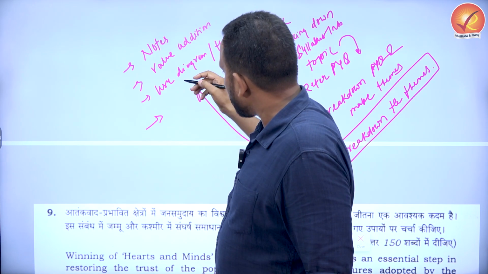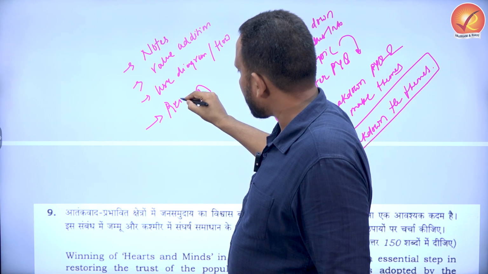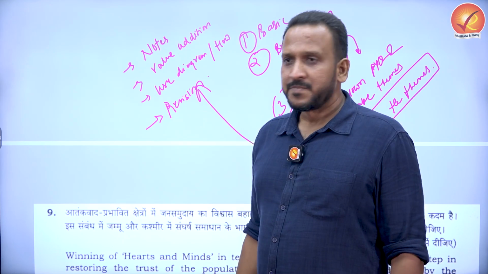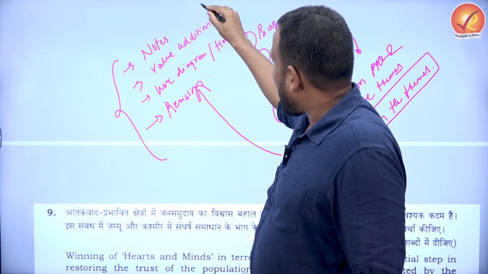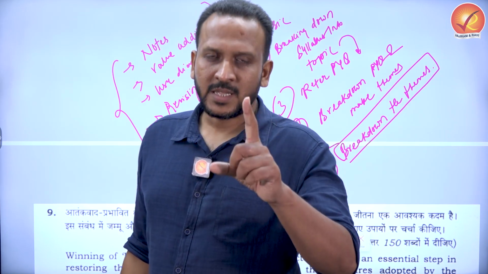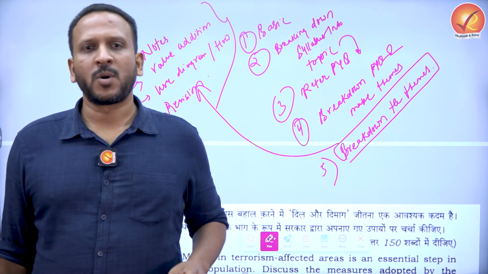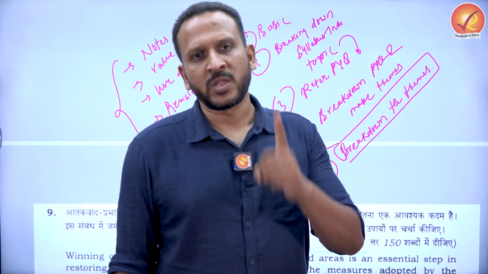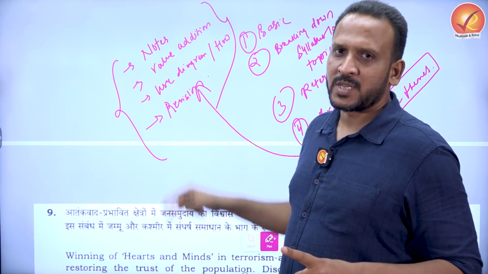You can say quick revision is possible, even at the last moment. So see, this is what I have told you: one solution for all the problems. And this is the solution.